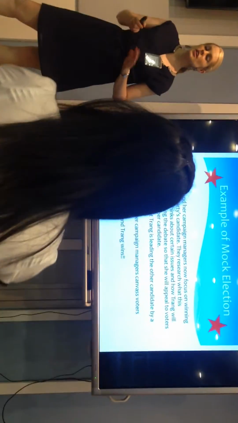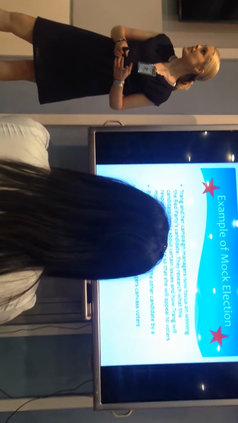So then, right, we now focus on winning, like beating the red party's candidate. So they research what the other candidate thinks about certain issues, right? Like Hillary Clinton did a lot of research on what Donald Trump thought about certain issues so that you know how she'll respond during the debate, right?